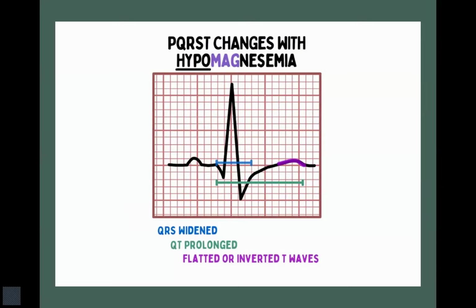Less common to get a high one, but super common to get a low mag. Is it pregnancy? Not so much, even though we use magnesium for eclampsia and preeclampsia in pregnancy.